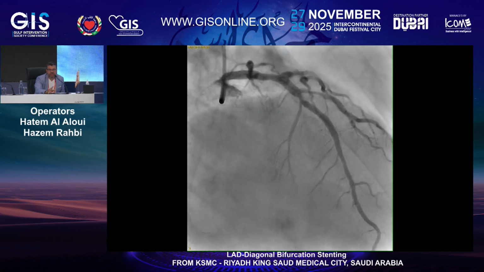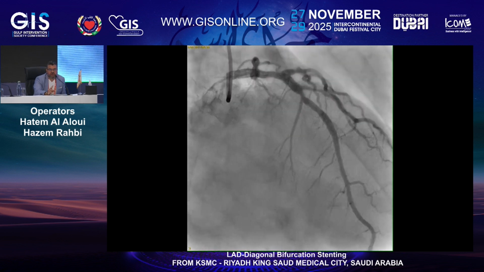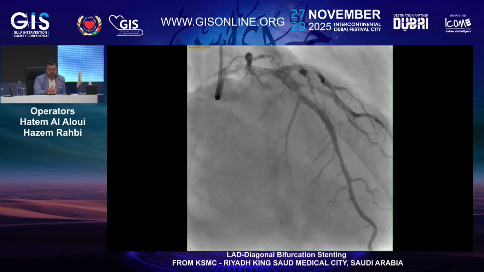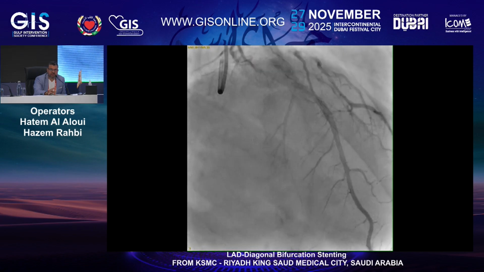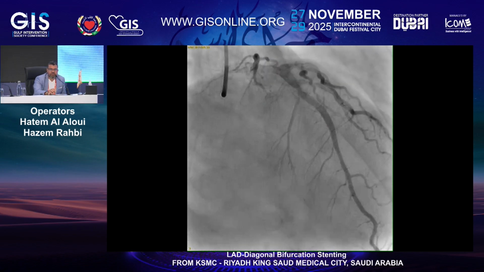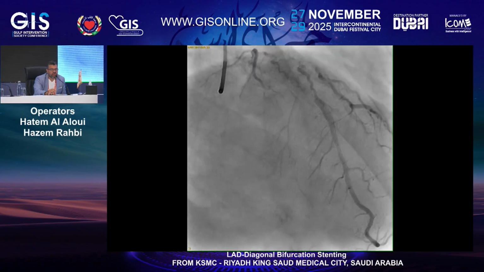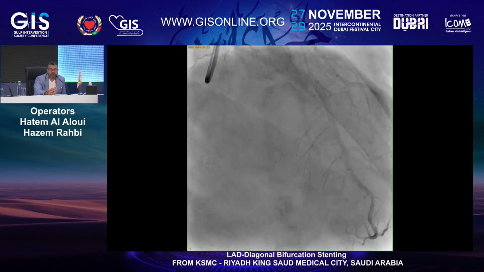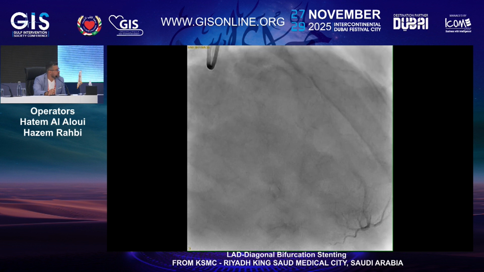For this case, I think that imaging will make a big difference, just to evaluate the ostioproximal LAD and the millimeter area there, although I think it will be more than 4. And for the diagonal, if you can treat it with the DEB or DCB, this would be the best approach, and stent across.